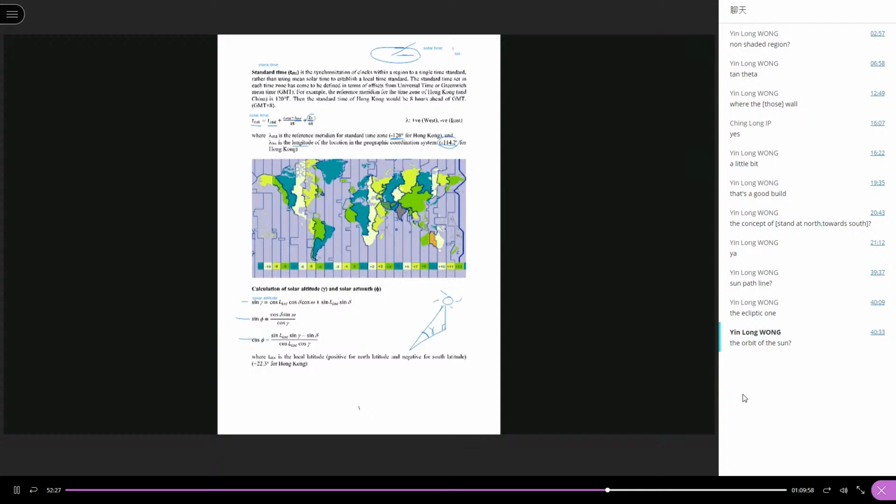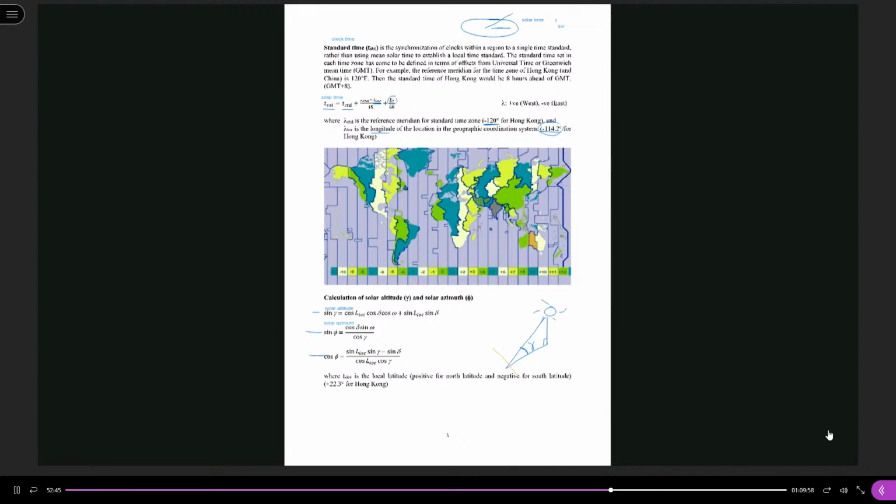Next, we have two equations to calculate the solar azimuth. The solar azimuth is measured from the south. So let's say this is south, then the horizontal angle measured from the south is the solar azimuth.